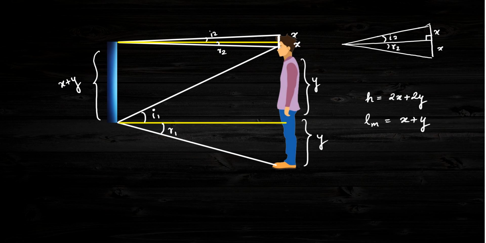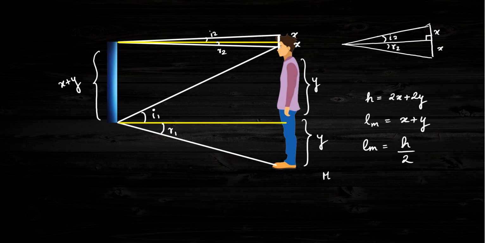So from these two equations, it is obvious that the length of the mirror has to be height divided by 2. And since we are utilizing the entire mirror for this purpose, meaning the rays have reflected from the edge points of the mirror, this is the minimum length of the mirror required.